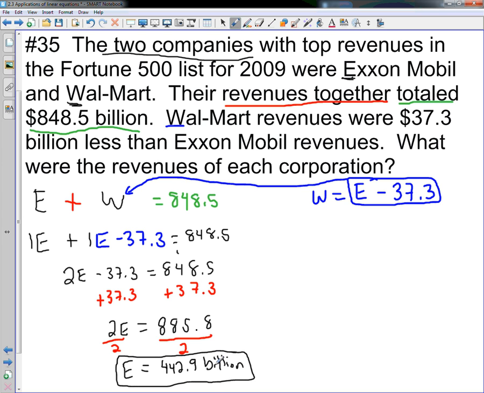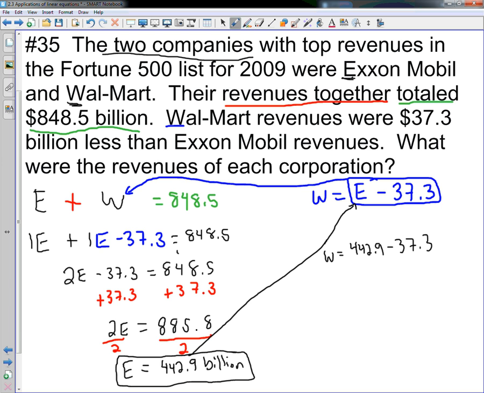Now let's see what it's asking for. It wants to know what were the revenues of each. Okay, so we need both. We have the Exxon, so all we need to do is plug that number in, and that should give us Walmart. So Walmart equals 442.9, or Exxon's, minus 37.3.